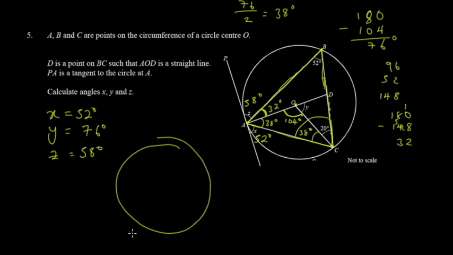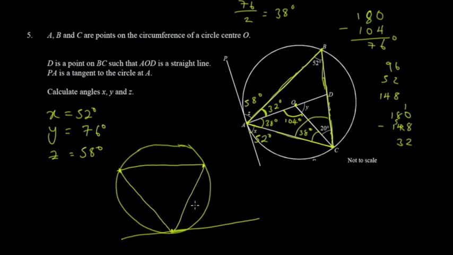So you have this and you have a tangent. If you have a triangle being formed from the tangent, and it's also touching the circumference.